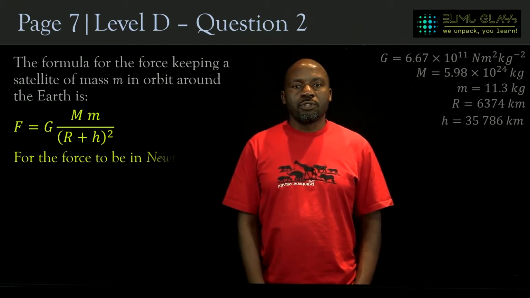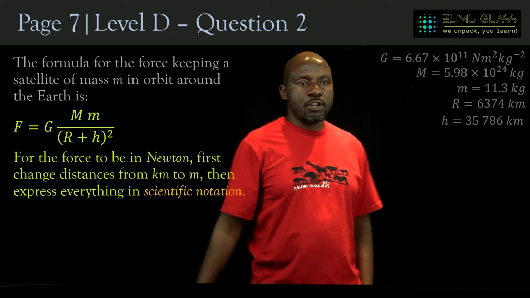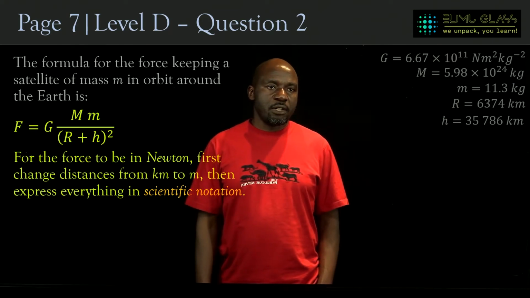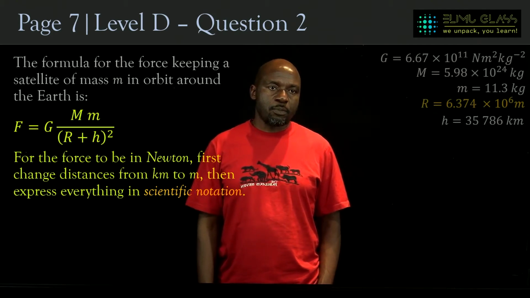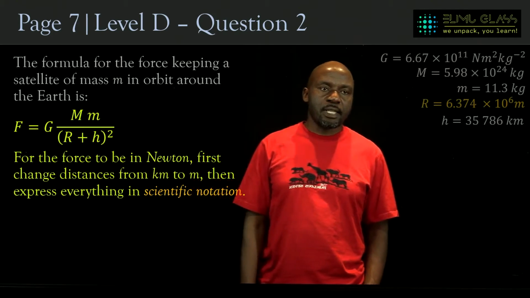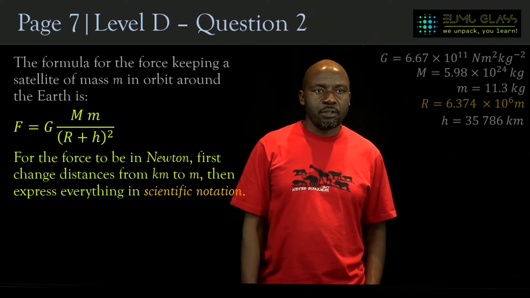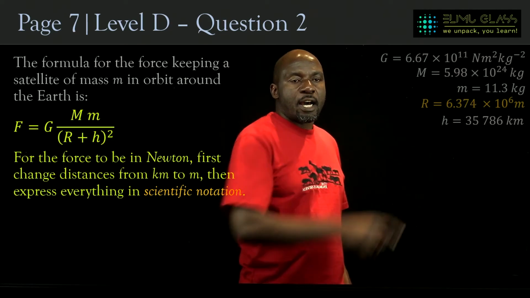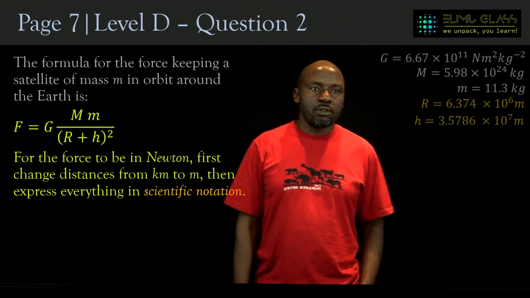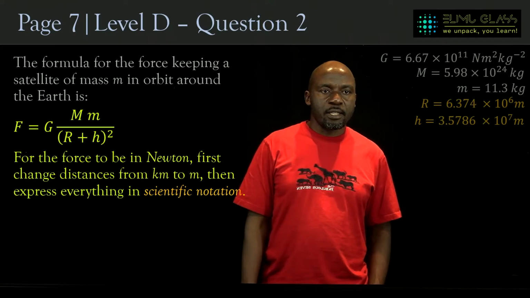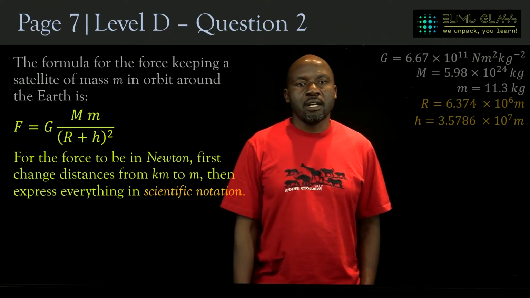So to change the distance to meters, r is going to be 6374 and 3 zeros, or 6.374 times 10 to the power 6 meters. I've expressed it now in scientific notation. And the height of the satellite above the Earth's surface is also going to be expressed in meters in scientific notation, 3.5786 times 10 to the power of 7 meters.